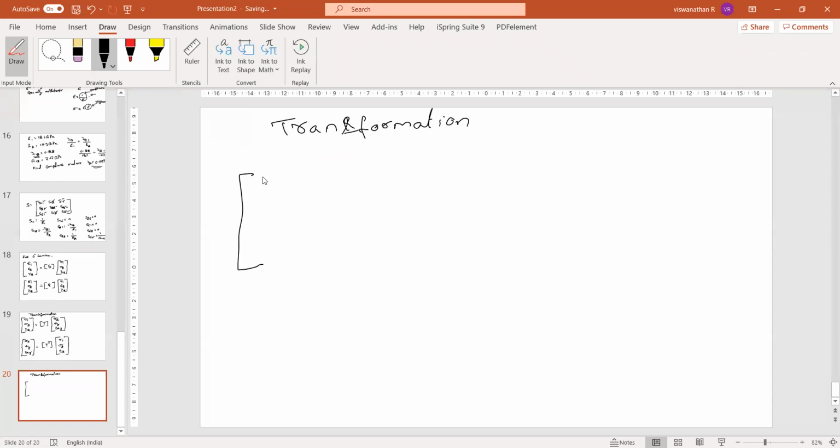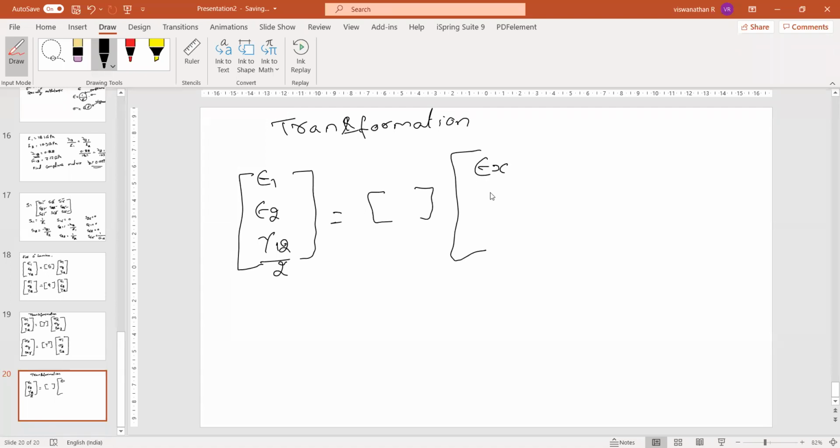It will be epsilon 1, epsilon 2, gamma 1 2 by 2. Okay, there's a by 2 there, is equal to some matrix multiplied by what will be here? Epsilon x, epsilon y, gamma xy by 2. What is this here?